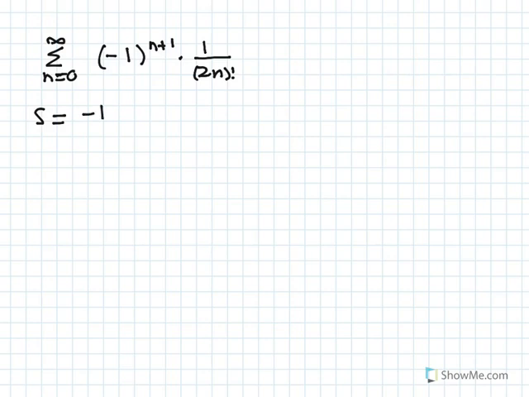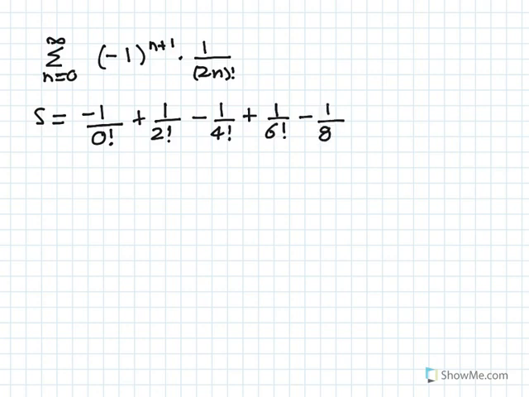Negative 1 to the power of 1 is negative 1, divided by 2 times 0, which is 0. 0 factorial is just 1. Plus 1 divided by 2 factorial, minus 1 divided by 4 factorial, plus 1 divided by 6 factorial, minus 1 divided by 8 factorial, plus 1 divided by 10 factorial, minus 1 divided by 12 factorial, and so on.